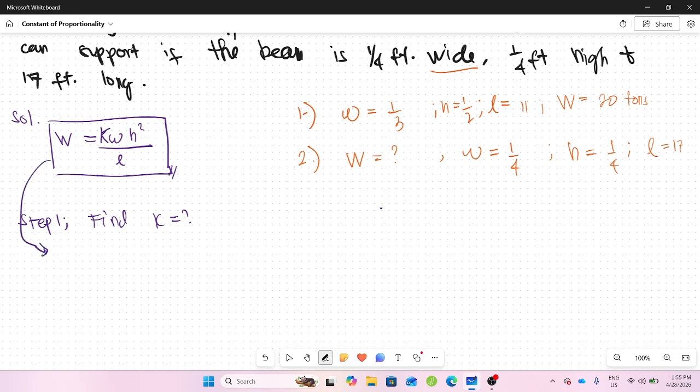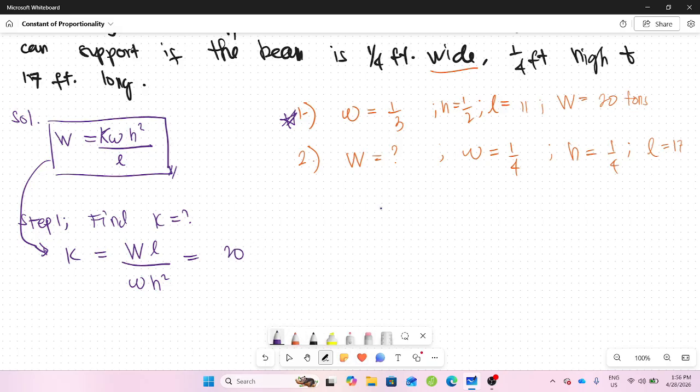So based on this equation, k is equal to the weight times the length divided by the width times the height squared. Okay, so based on condition number one, we could substitute that data here so we could get the value of k. We know that the weight is 20 tons.